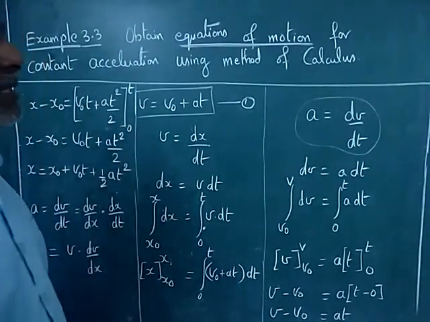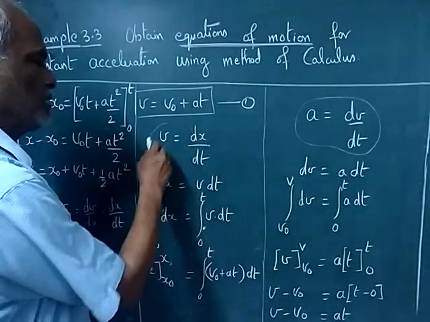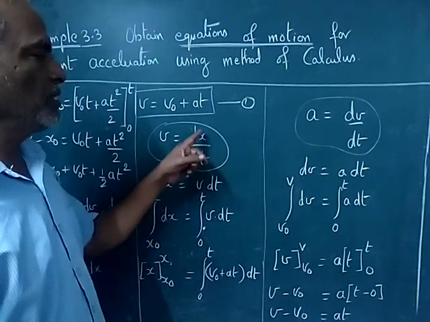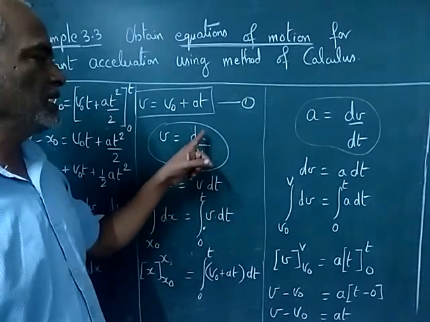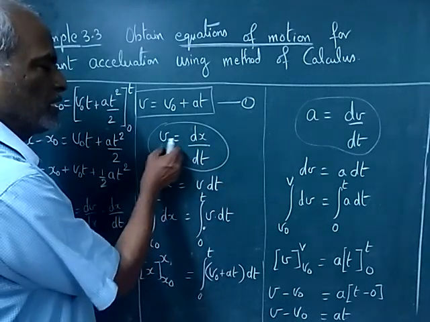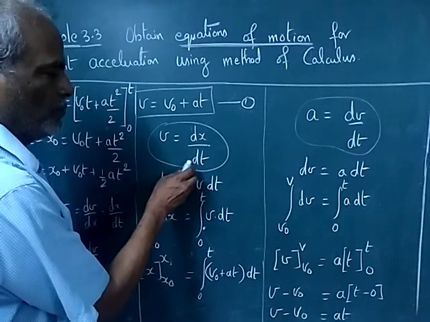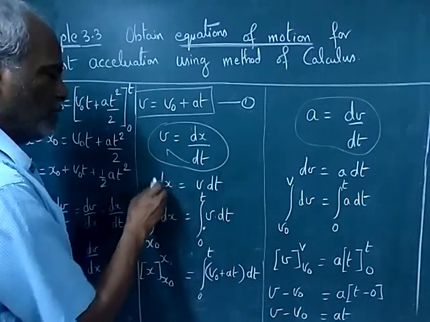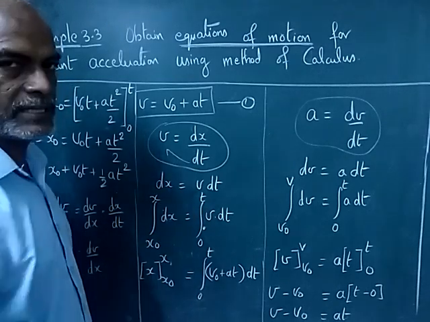Okay. Next we will go for velocity. We know that velocity is equal to the rate of change of distance, that is dx by dt. So what you do is move this dt to this side, so this will become v dt, and you have dx. Once again you integrate both sides.